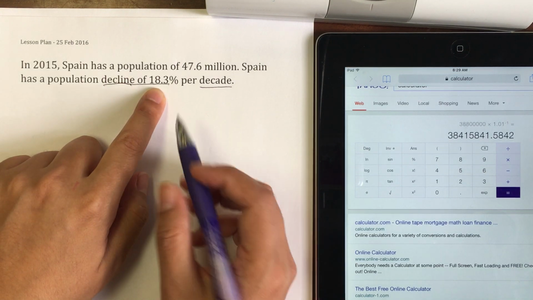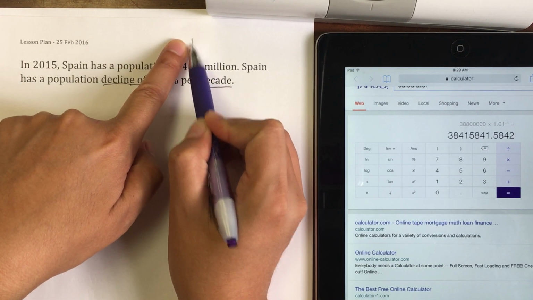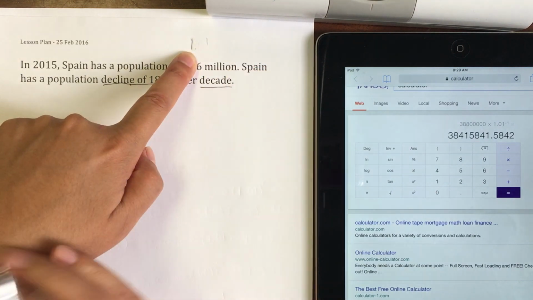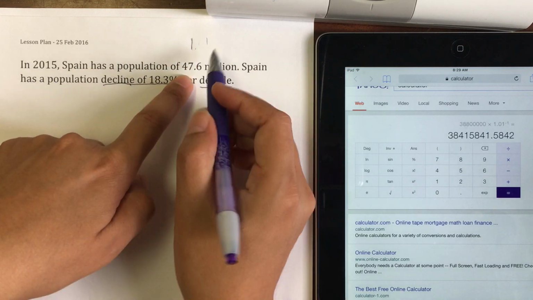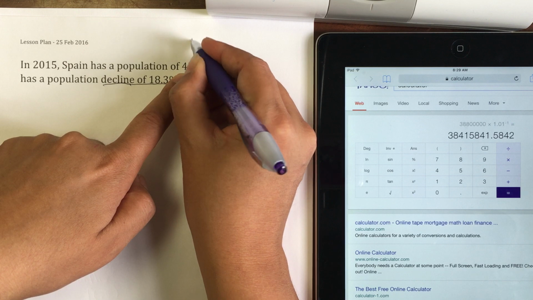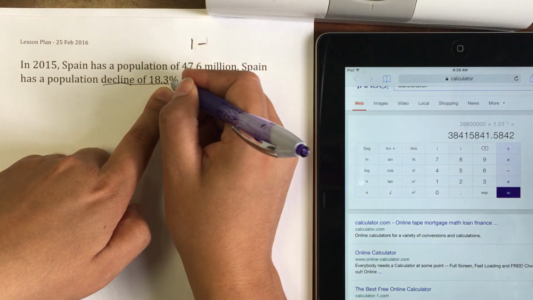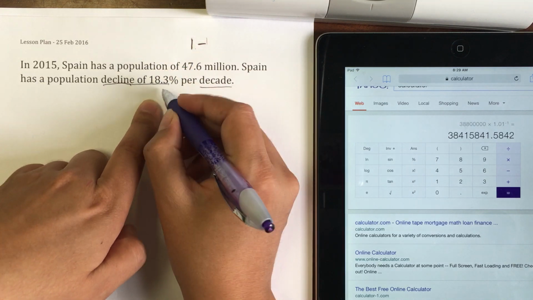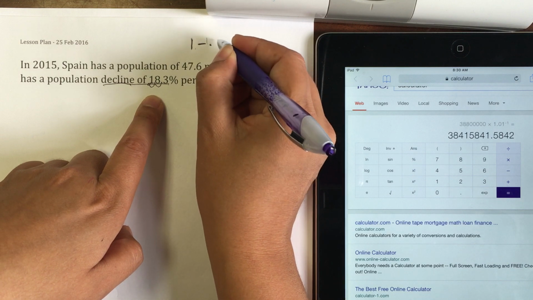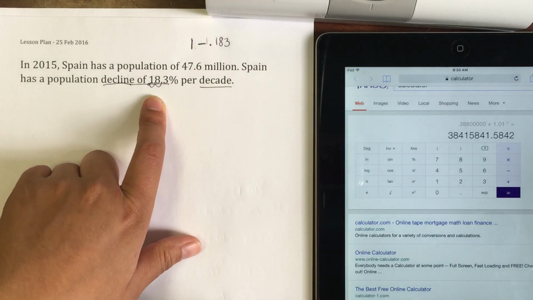So similar to before, what we did is we kept the 1 and we added the 1%, right? So in here, we're going to have the population once, but we're going to subtract the 18.3%, which in decimal is 0.183.